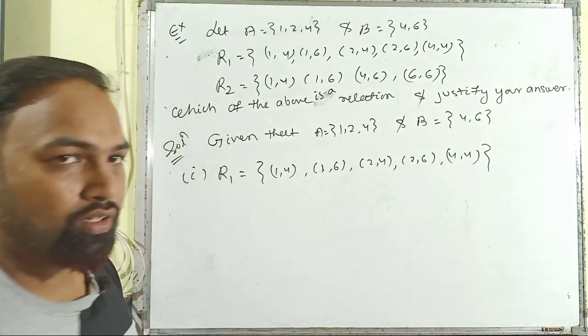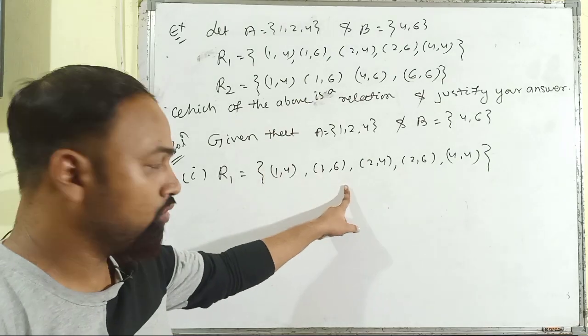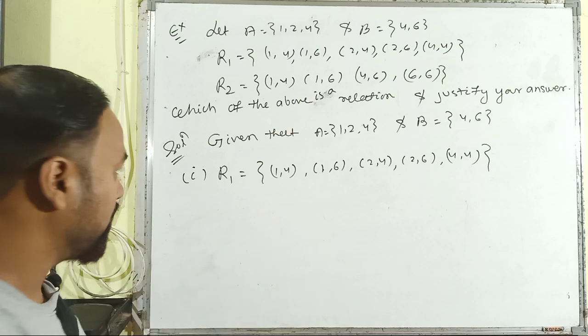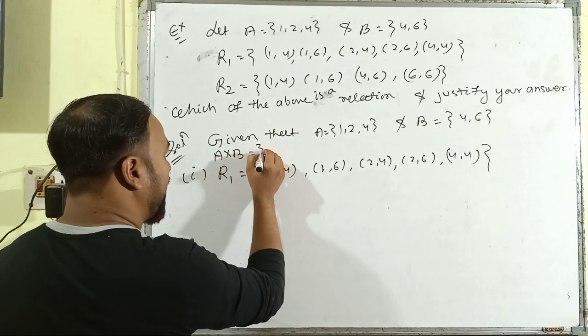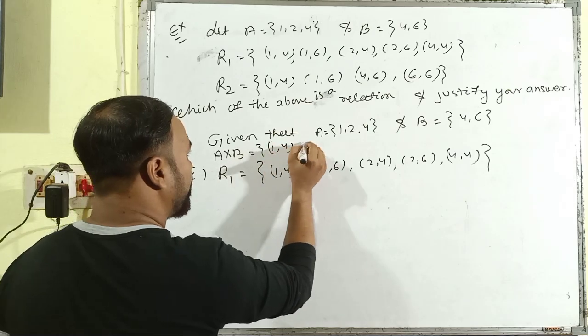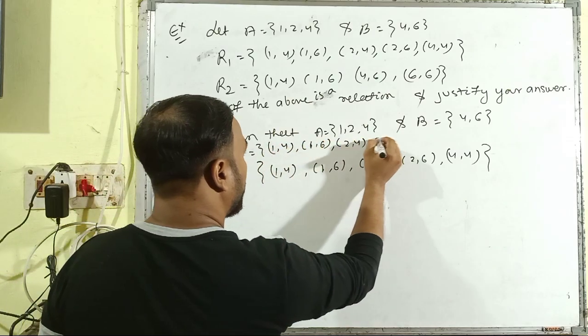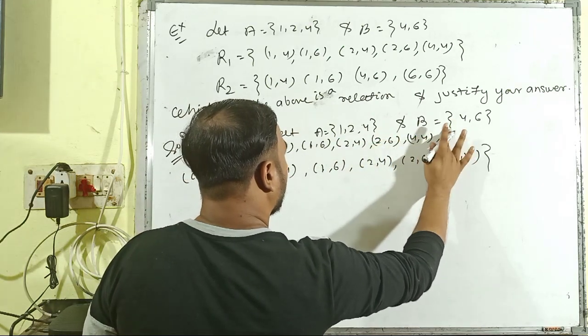Is it a relation? Yes, it is a relation, because before proving that any set is a relation or not, first of all we have to find the Cartesian product. And the Cartesian product is {(1, 4), (1, 6), (2, 4), (2, 6), (4, 4), (4, 6)}.